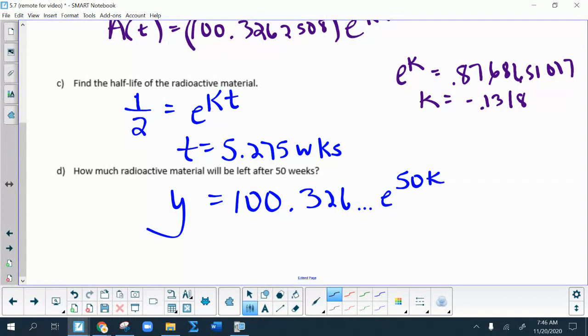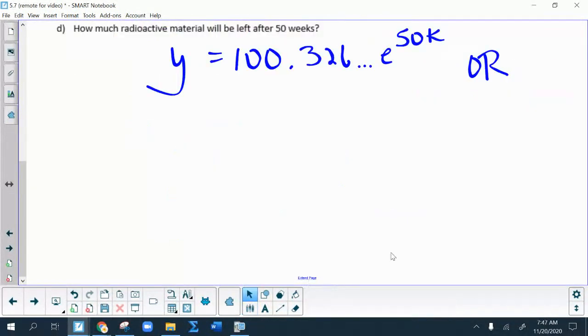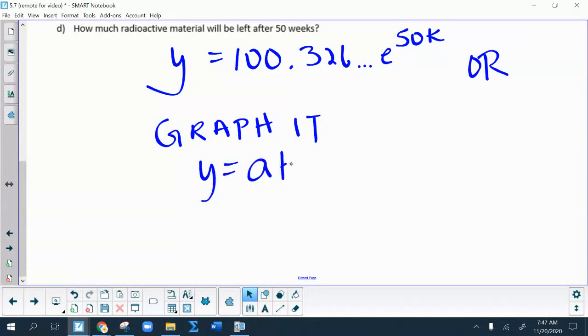What we're going to do is graph it, and look for the intersection. The good news is we already have a version of this that we can graph. I'm going to graph the version that we found in the first step. It's already saved in my calculator, and I don't have to worry about it.